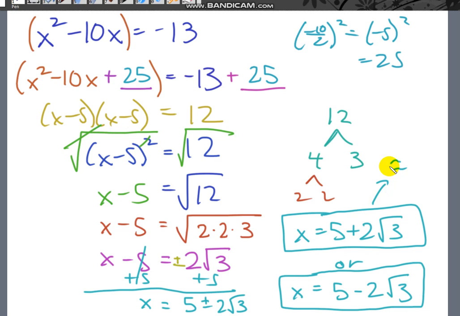So 2 times the square root of 3 and then plus 5. This would be approximately 8.464.